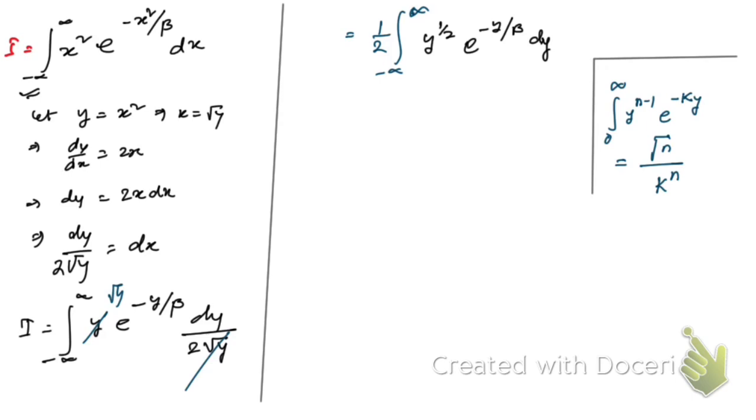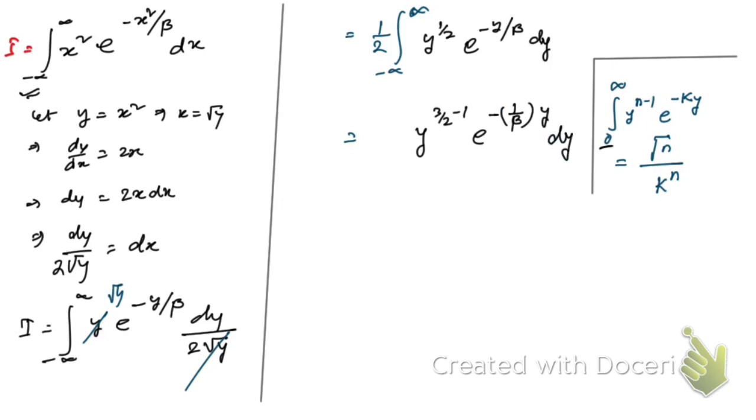Here, y to the power half can be written as y to the power 3 by 2 minus 1, in order to match n minus 1. Then e to the power minus y by beta can be written with k equal to 1 by beta, into y dy.